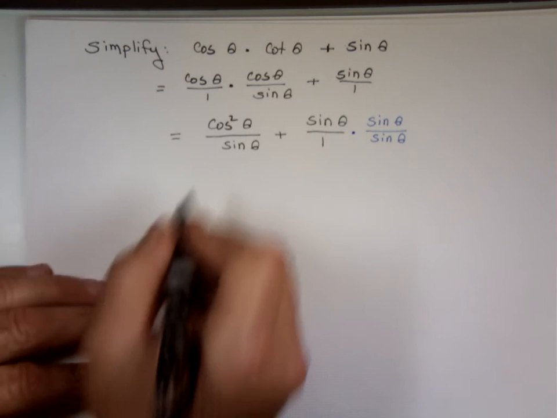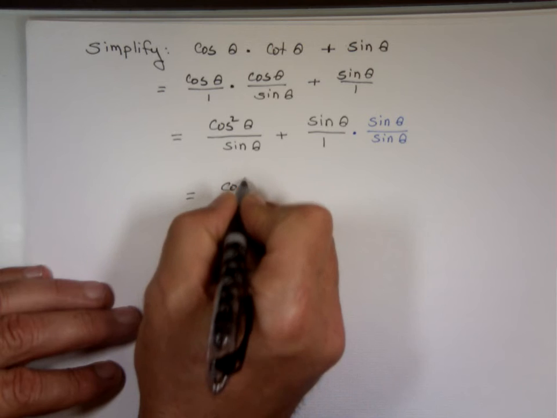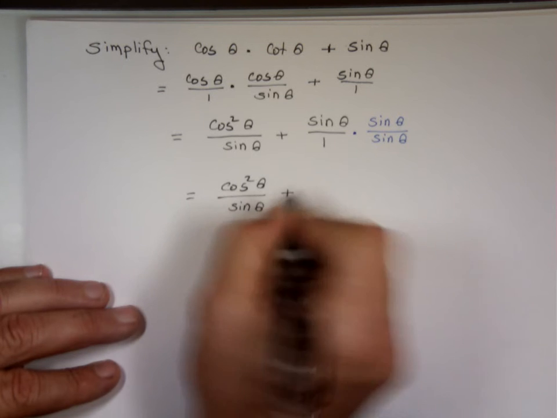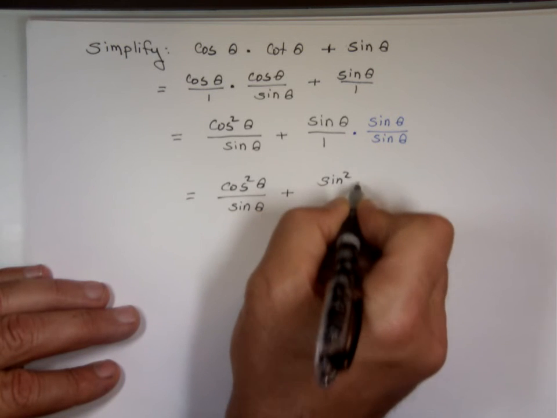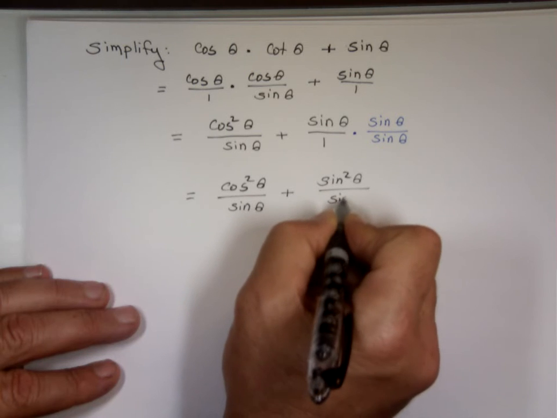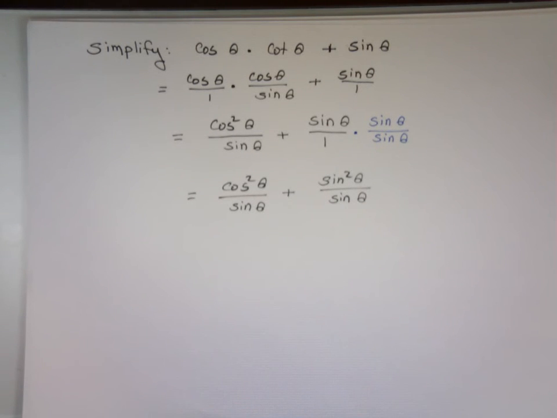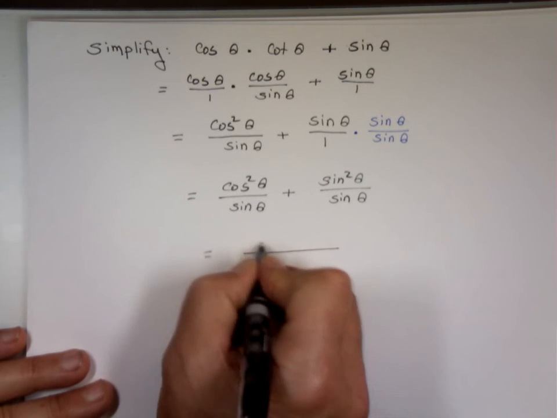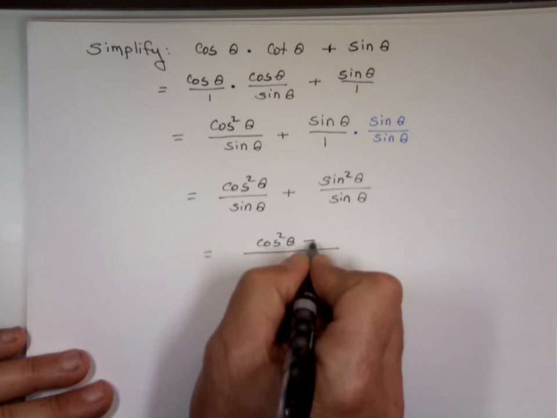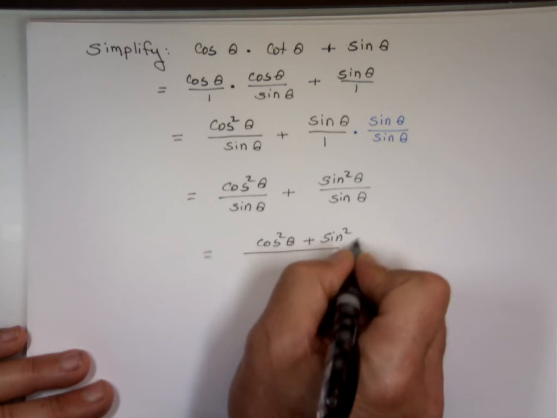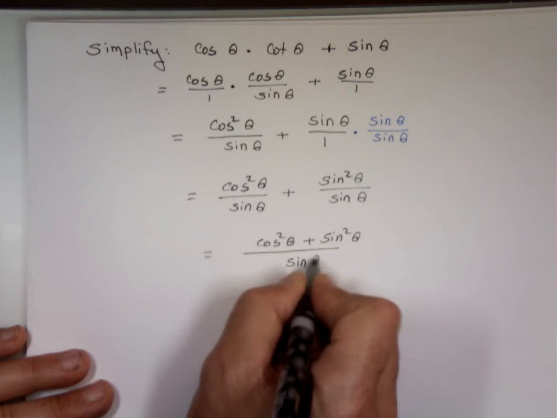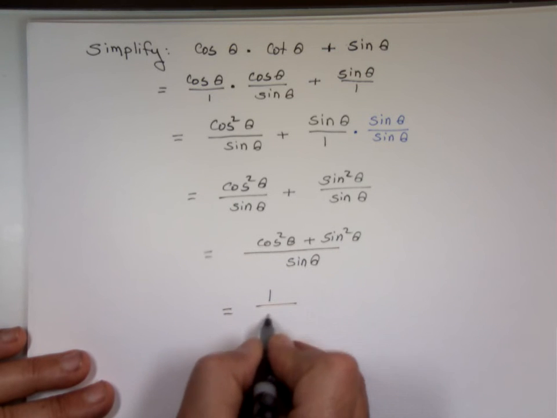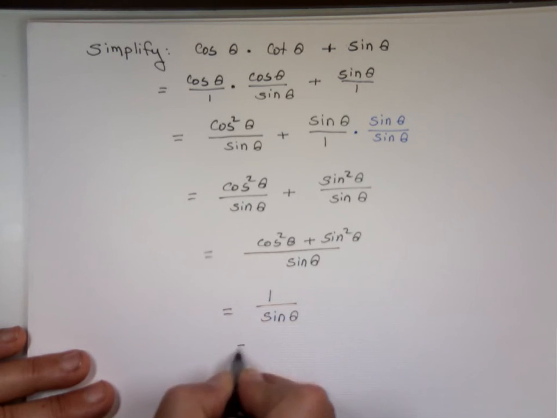So that becomes cosine squared theta over sine theta plus sine squared theta over sine theta. Notice the bottom is the same. Make it one fraction. What's cosine squared plus sine squared? 1. 1 over sine theta, which is cosecant theta.